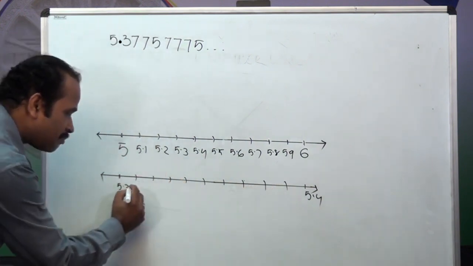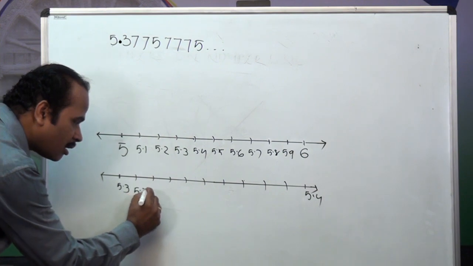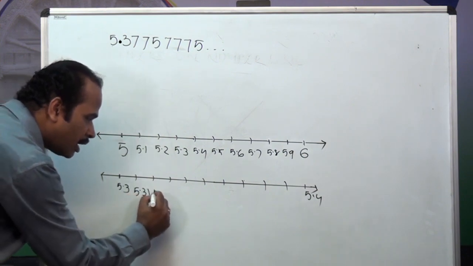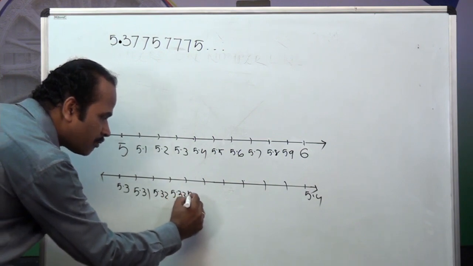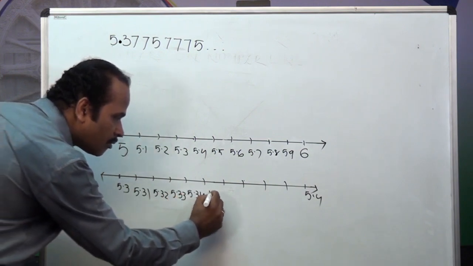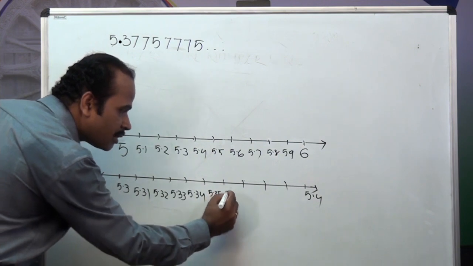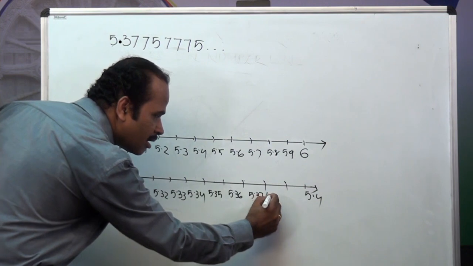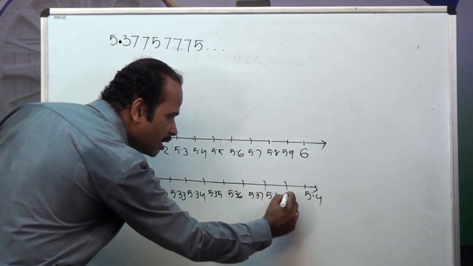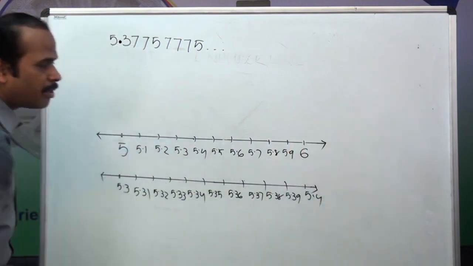Now let me take it as 5.31. This point will be 5.32. This will be 5.33, 5.34, 5.35. Here it is 5.36, 5.37, 5.38, 5.39 and 5.40.